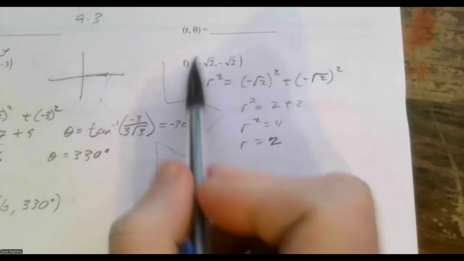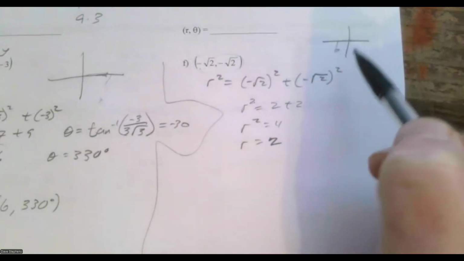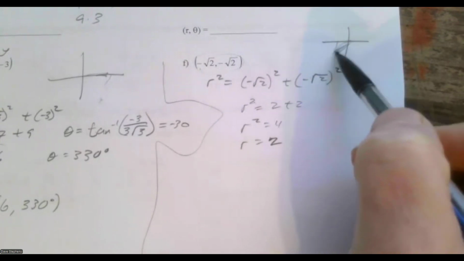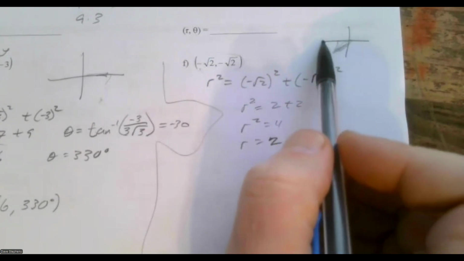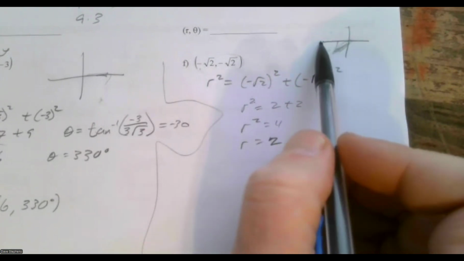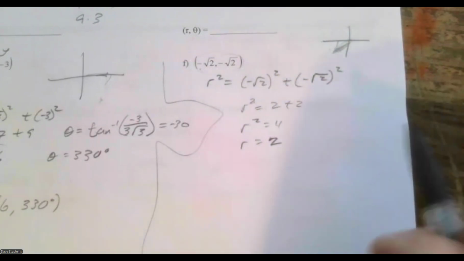So r, this is 2. Now, theta, since I'm in quadrant 3, -√2, -√2 is here. I know that distance, right? It has to be a 45. I can't do that kind of math. So 180 plus 45, 225.